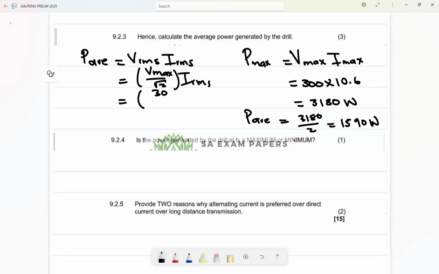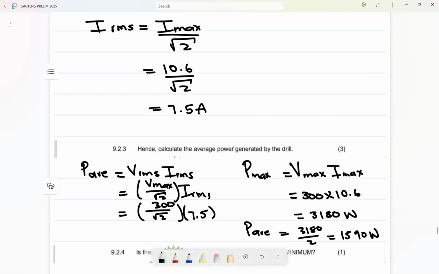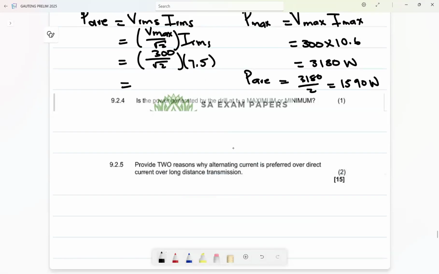So V max is 300 divided by square root of 2, and my current is 7.5 here, right? Let's see if the power is the same as the average I calculated there. It's going to be 300 multiplied by 7.5 divided by root 2. Well, I get 1591 watts, so it is more or less the same.